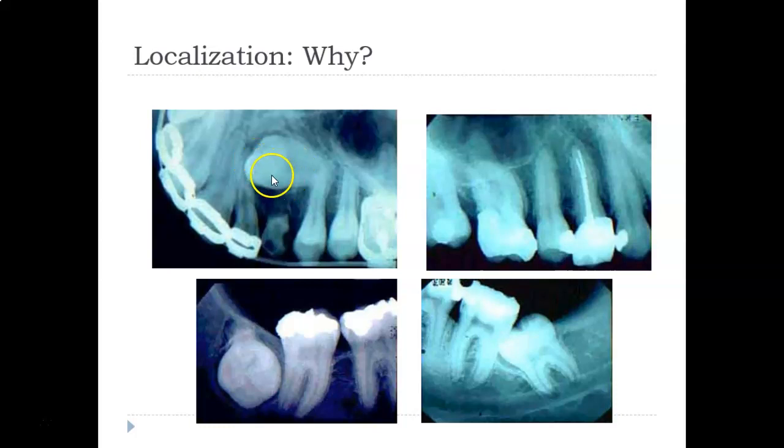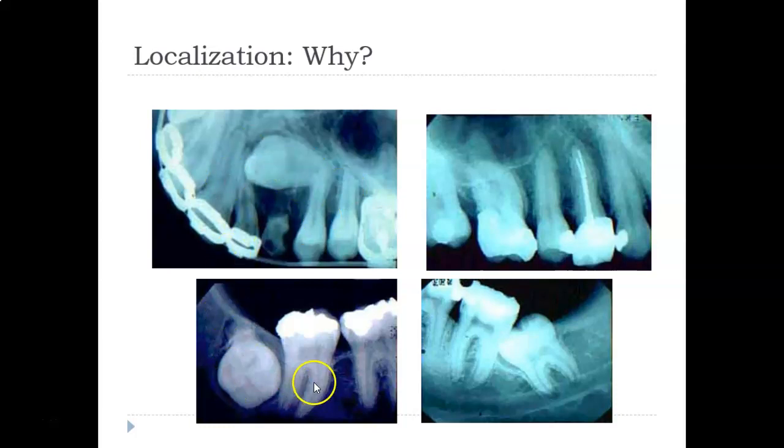So the orthodontist, when they go in to retrieve this canine and put a bracket on it so they can pull it out, doesn't know if the crown is facing more lingually or more buccally just by looking at this radiograph.